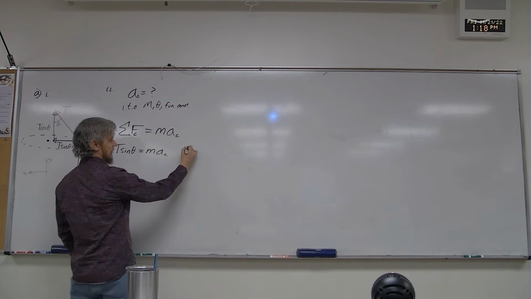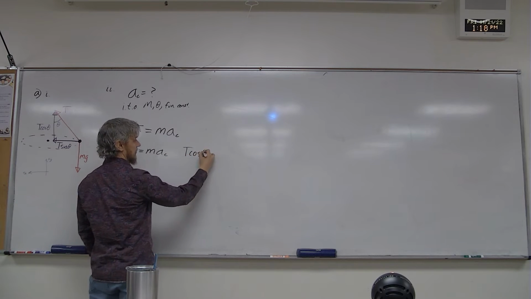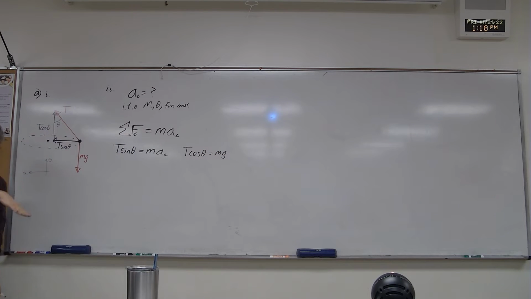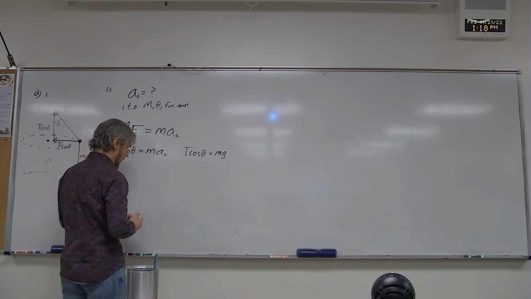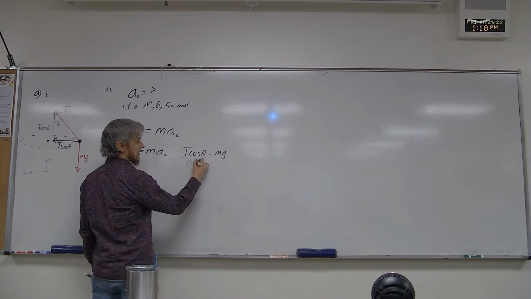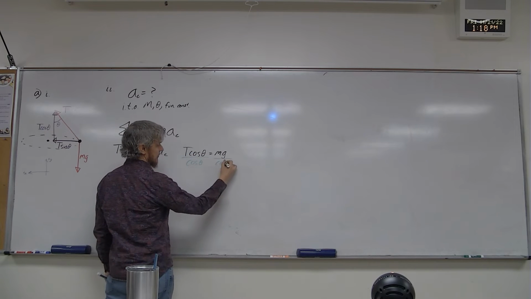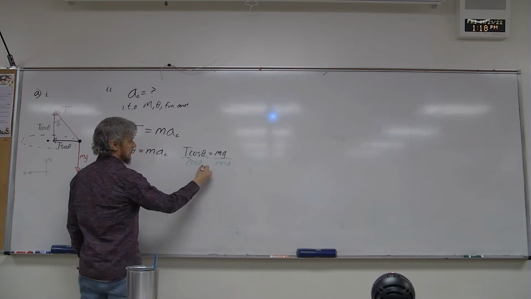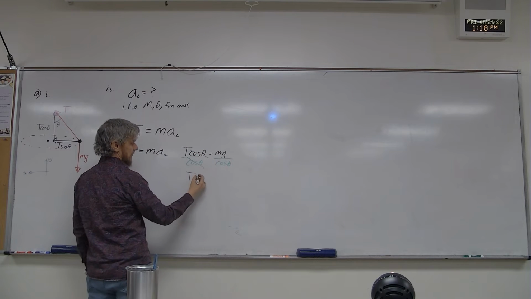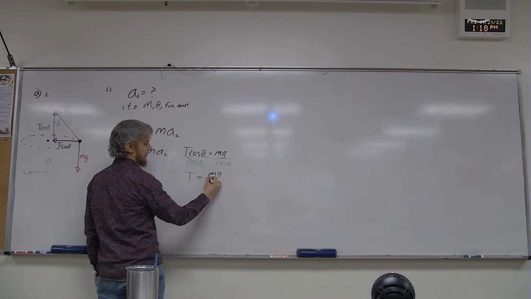T cosine theta equals what? mg. Equals mg. Because we know that it's not accelerating up or down, so these forces have to balance. And the way I would do this, solve this for T like a system of equations, right? So I solve this for T to get an expression for the tension.